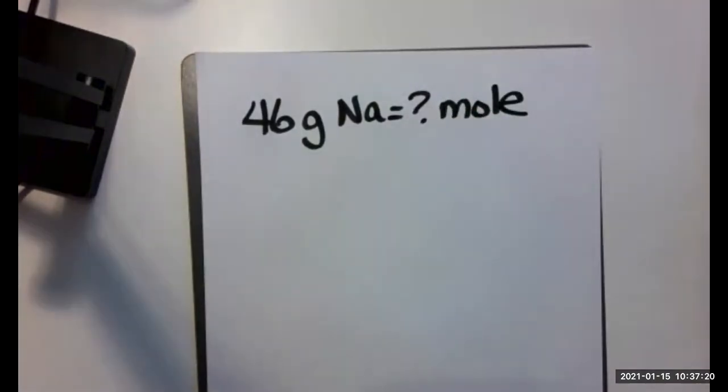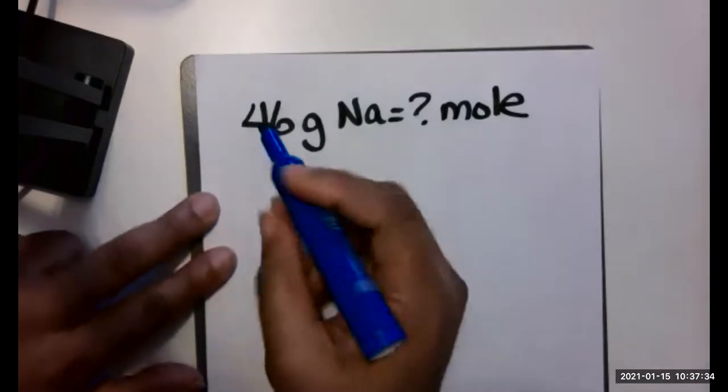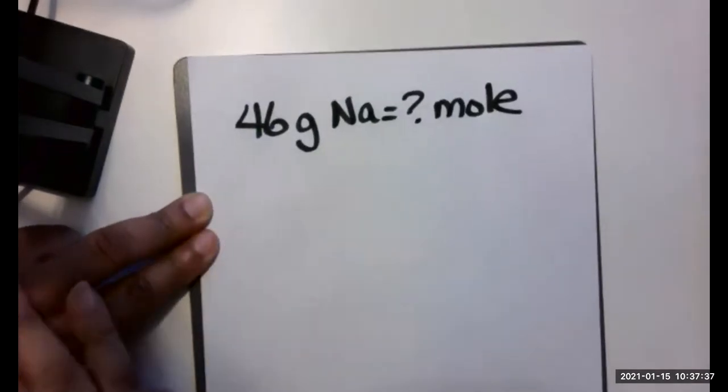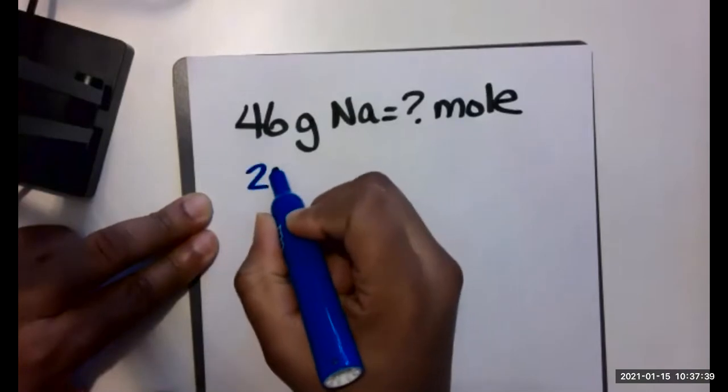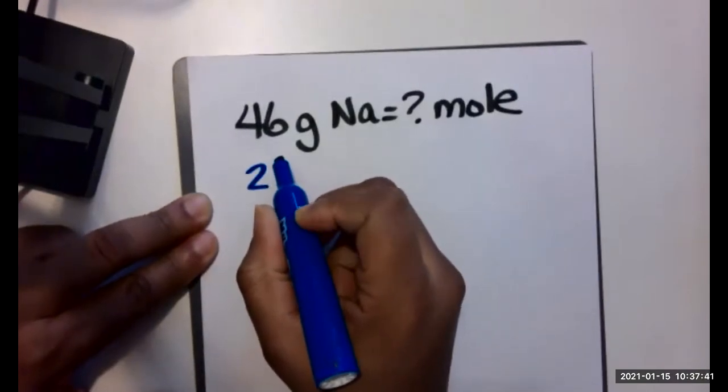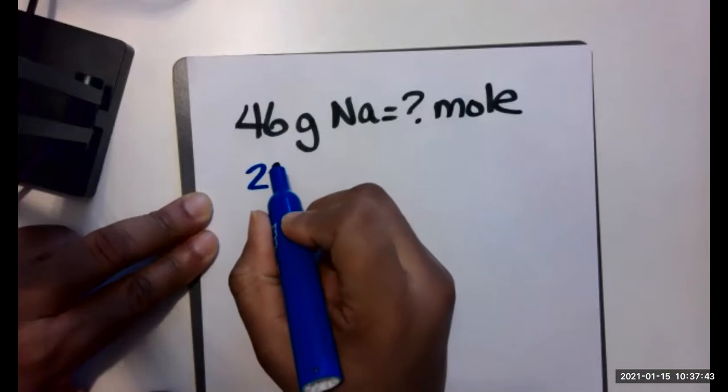All right, let's look at the periodic table. What is the atomic mass of sodium? Twenty-two point 9897693. So let's round that to 23. Are we good?